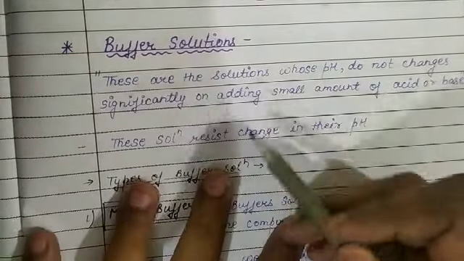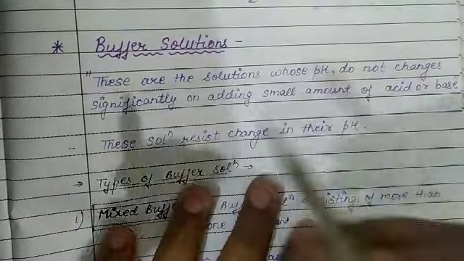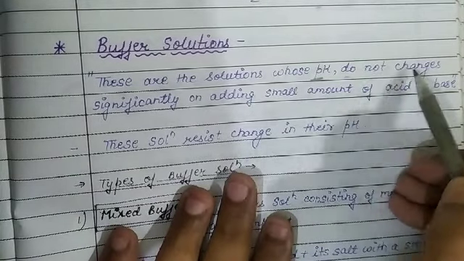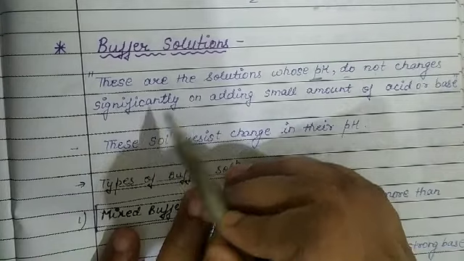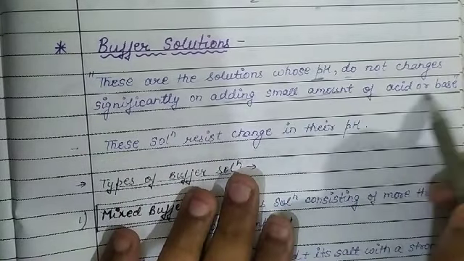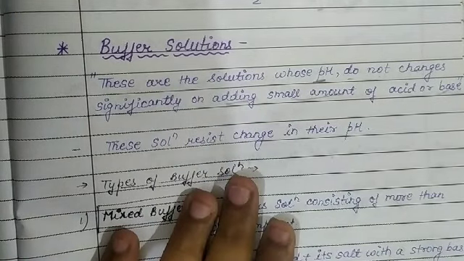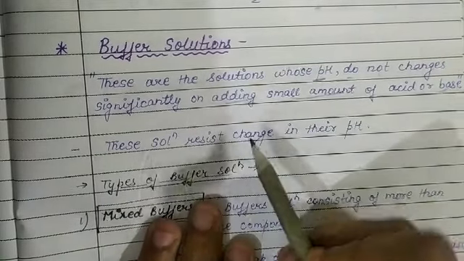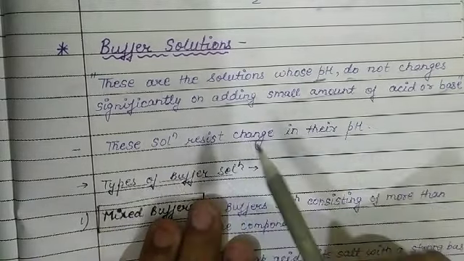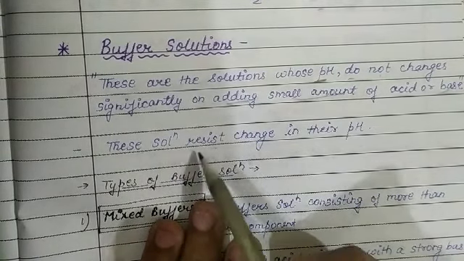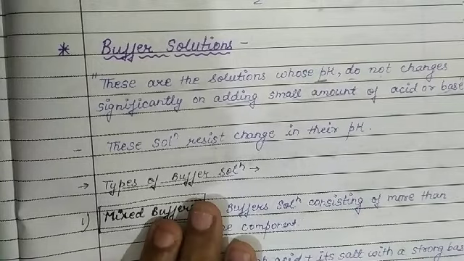See the definition: buffer solutions are the solutions whose pH does not change significantly on adding a small amount of acid or base. It means these solutions resist the change in their pH value.